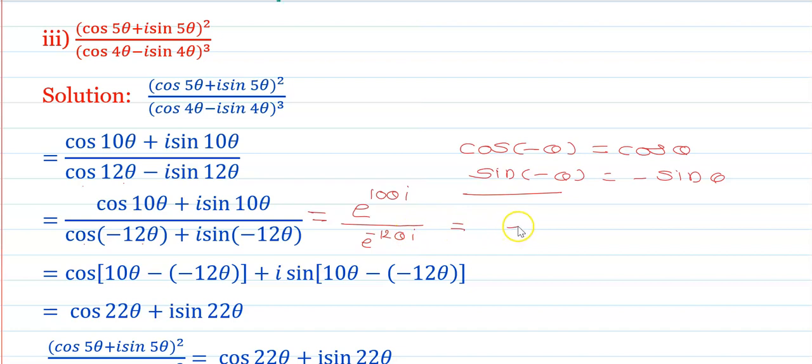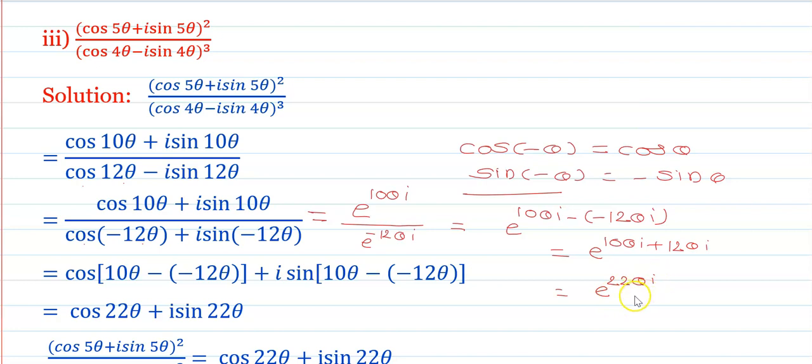And if you simplify this, then you will get 10 theta i minus in bracket minus 12 theta i. And this minus and minus will become plus. म्हणजेच काय मिळेल तुम्हाला e raised to 10 theta i plus 12 theta i. You can take their addition, that is equals to 22 theta i.